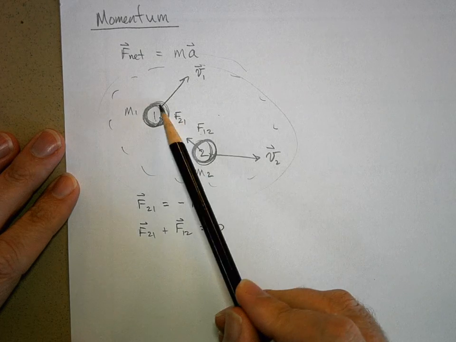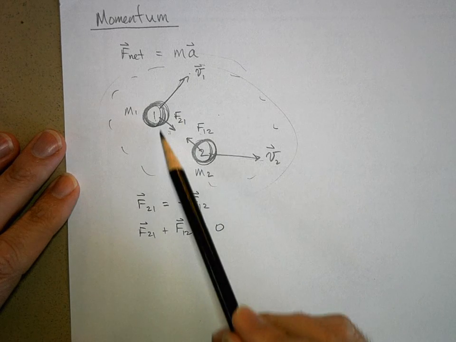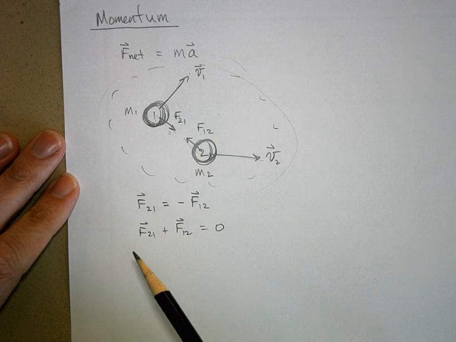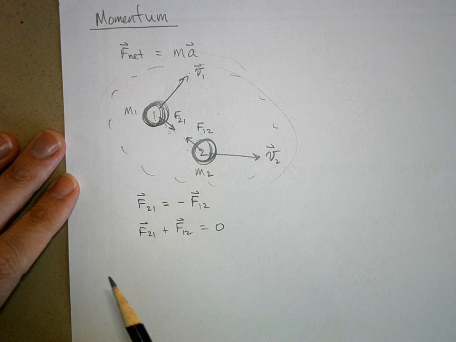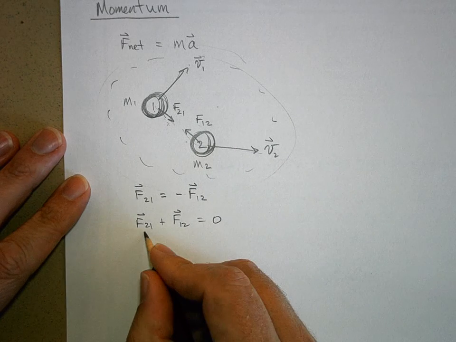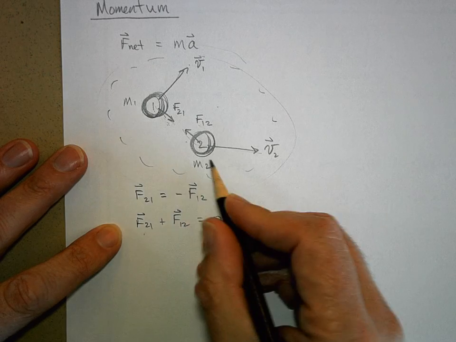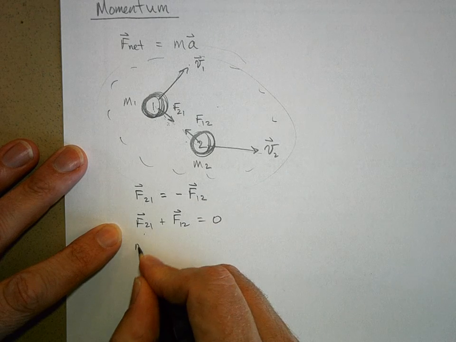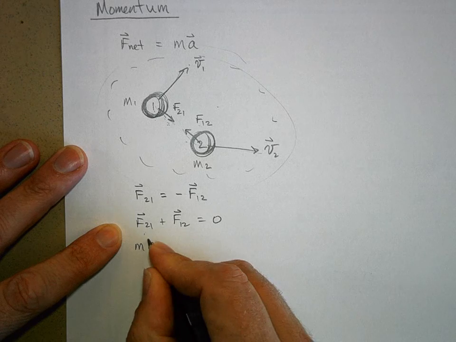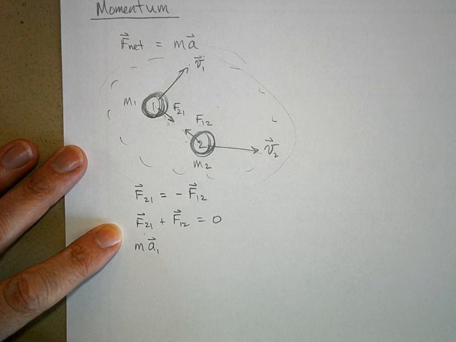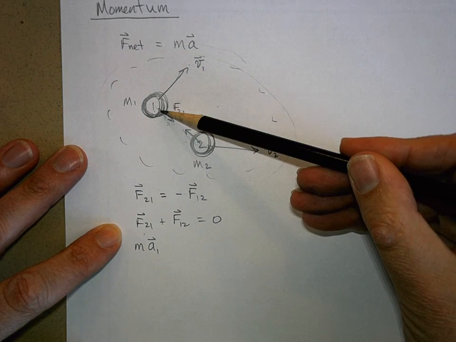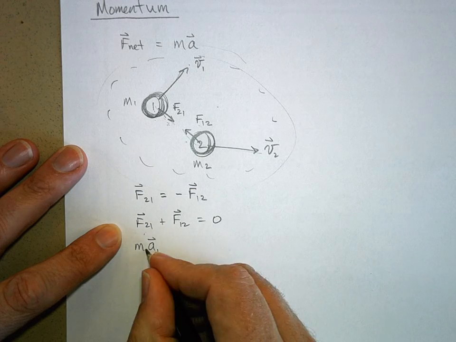Now remember, this arrow represents velocity. This arrow represents force. Here and here. Well, if that's true, then this is the net force acting on object 1. So I'm going to say this is equal to m a1. That is, this is the acceleration of object 1, and this is the mass of object 1.